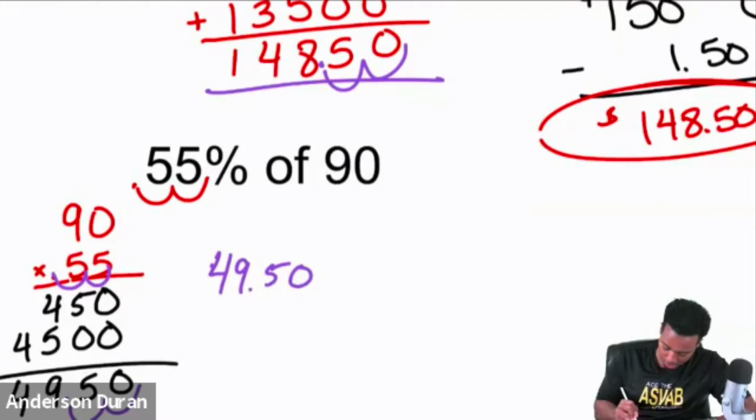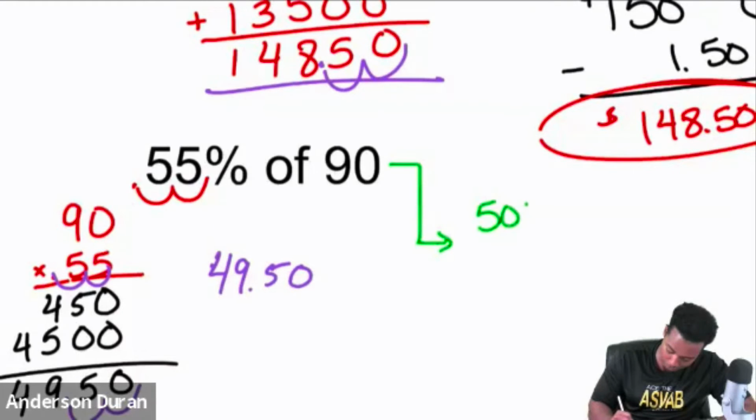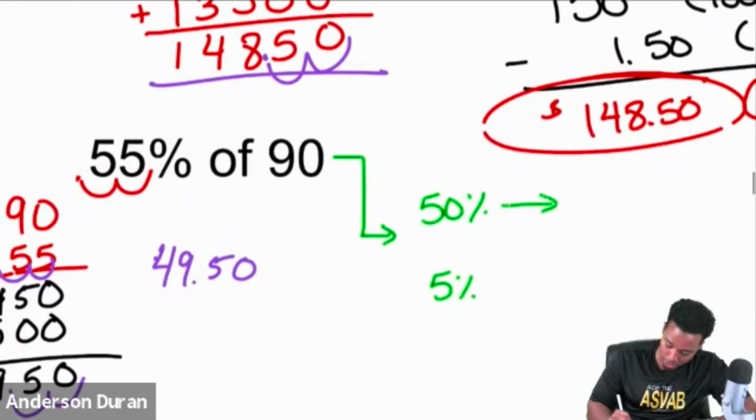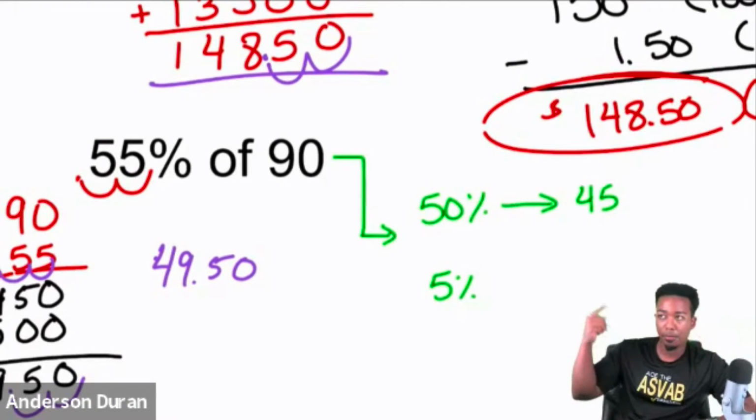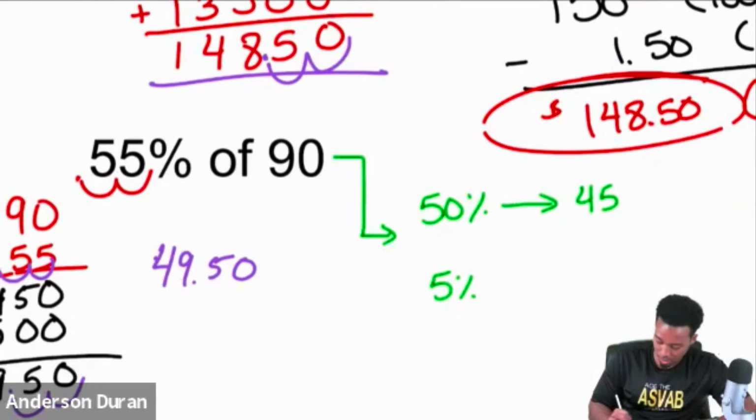So if I'm thinking about this in an alternate way, I can think about this as 50% and 5%. 50% would end up being 45. 5% is just divide by 10 from 50, so that would be 4.5. And again, this is a slightly more advanced way to think about it.